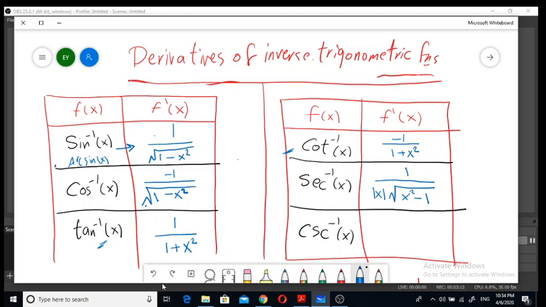And the first derivative of cosec inverse x is the same as sec inverse, but we have negative 1 at the top and then the same bottom: negative 1 over absolute value of x times square root of x squared minus 1.